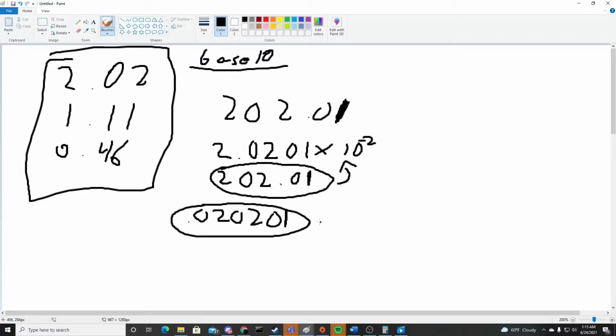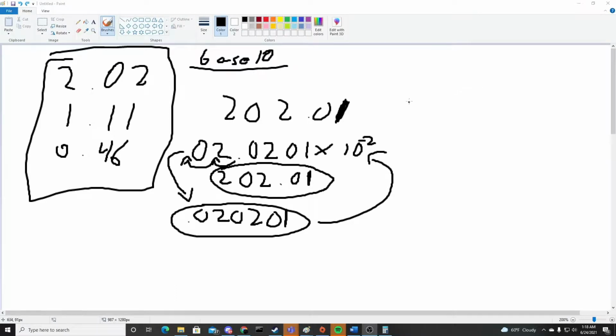This would equal the same thing as this if this was a negative 2. And so, just to avoid any confusion, it would no longer be equal to this. Instead, it would be equal to this, since we move the decimal point 2 places over, which means we would have a 0 here, so it would go 1 spot, 2 spot, and that's how we get to this number here.